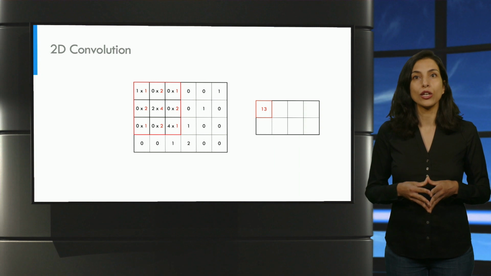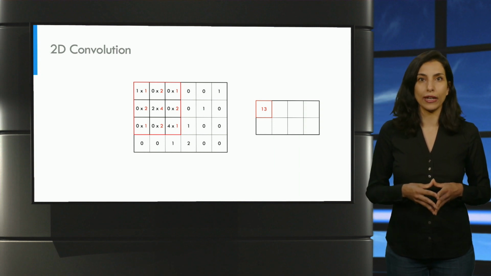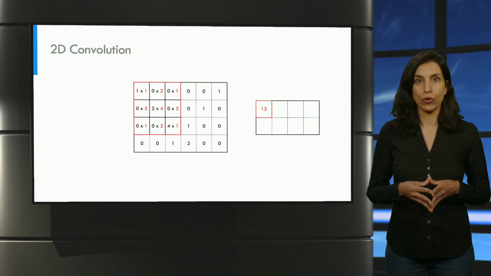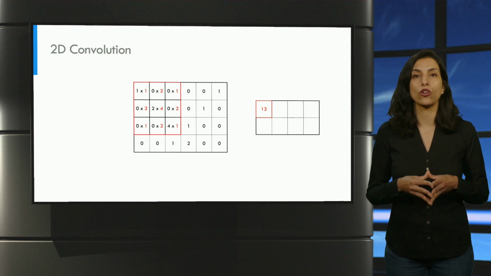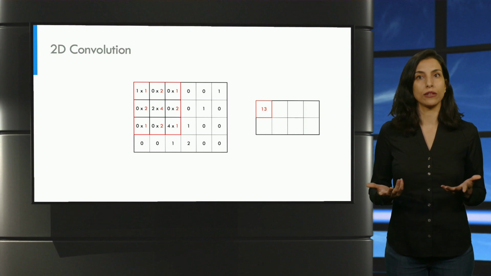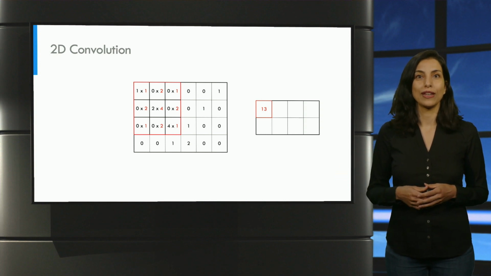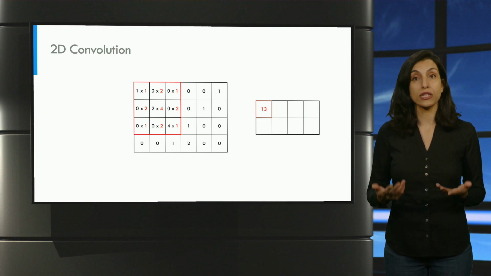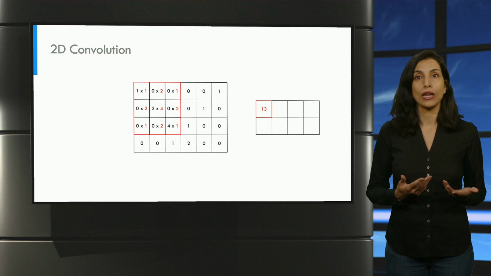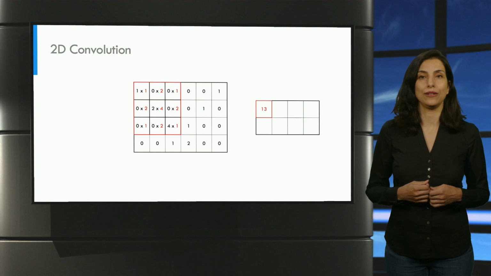In this slide, you see that our 3x3 Gaussian filter is overlaid with the top left corner of our image. The red values correspond to the filter values that are multiplied with the pixel values. The feature is generated by summing up the 9 values in the red window that are adding up to 13 here. Therefore, the first value in our feature map, that is the 2x4 array, is 13.